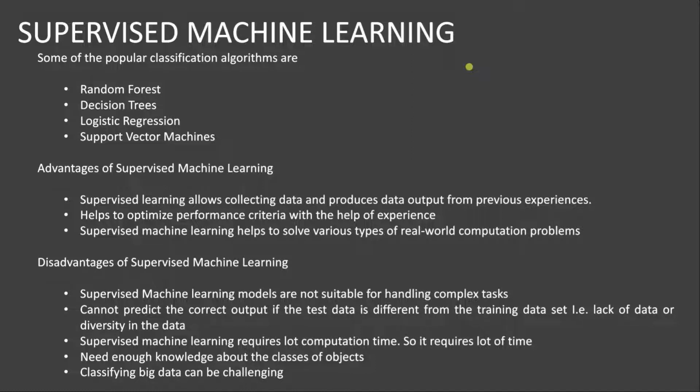These models require a lot of computation time, so it takes a lot of time to build a model. We need enough knowledge about the classes of objects if we want to use a supervised machine learning model. And classifying big data can definitely be challenging.